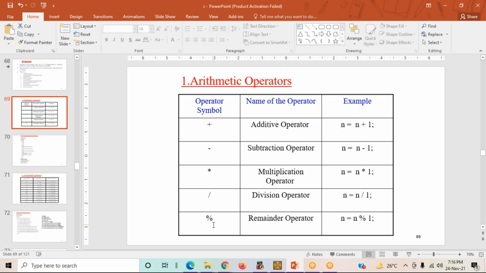You might have studied it in your intermediate or +2 or even in degree. Because many types of people are here, I would like to briefly say that division gives you the quotient as the result, and percentile gives you the remainder as the result.